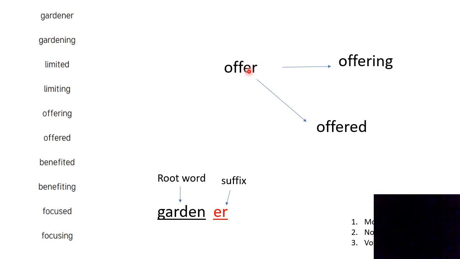So not two vowels and not two consonants. Okay? So all you need to remember is that these words here, we do not change when we add on the suffix. And your task is to put the root word with an arrow with one version and an arrow with the other version. Okay, moving on to Year 4 spellings.